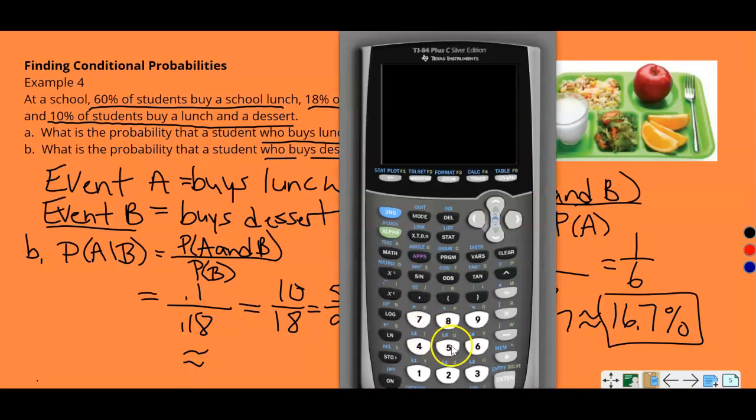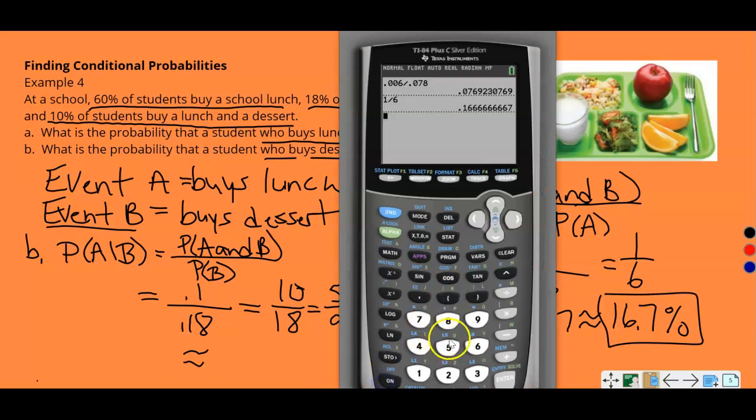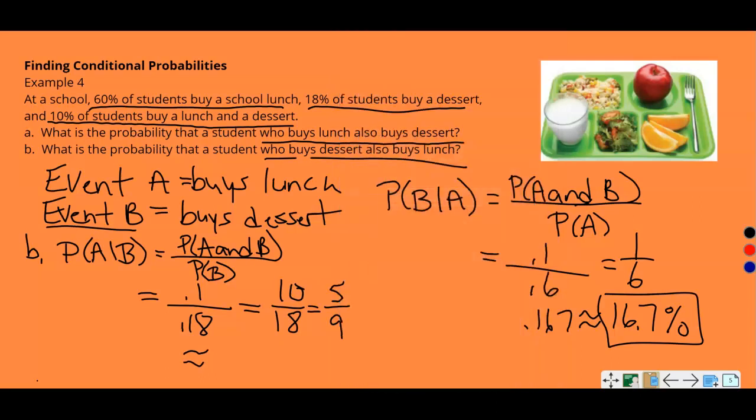So 5 over 9 is going to be about, oh, I typed in 59, sorry. 5 divided by 9 is 0.5555, so this is going to be about 55.6%.